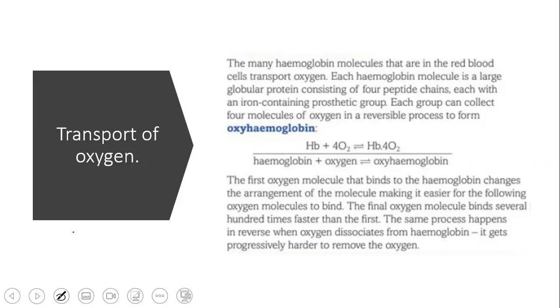And when you're doing the opposite, when you're breaking down oxyhemoglobin to release the oxygen, it will be exactly the opposite. The first molecule will come out really easily. The second molecule is going to come out a bit harder. The third molecule is going to maybe take a bit more time. And the fourth molecule is going to take the longest time to dissociate.